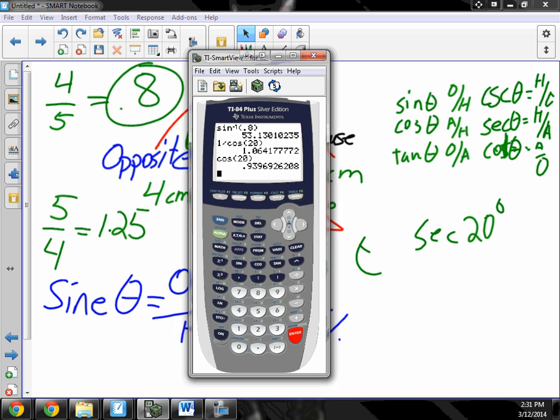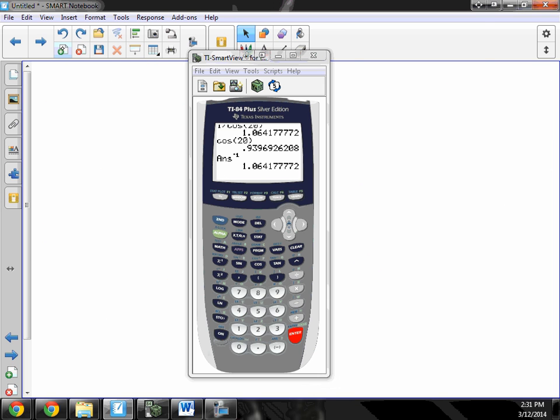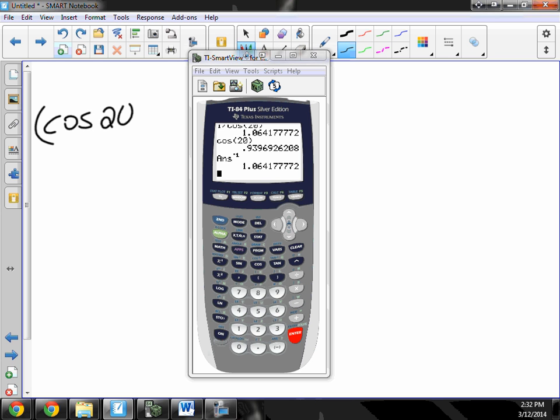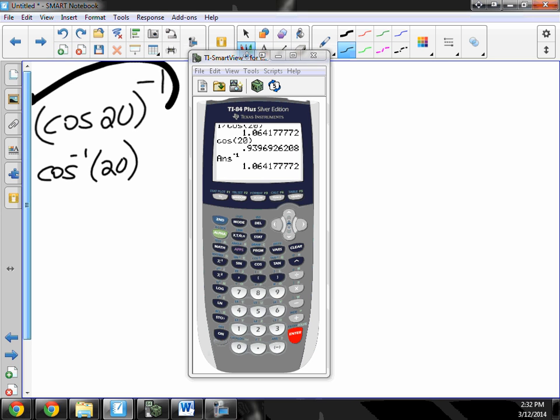If you push the reciprocate button, which is just raised to the -1, and hit enter, that is the secant of 20, 106%. But don't get these two things confused. Cosine of 20 to the -1 is not the same as the cosine -1 of 20. This is the secant.